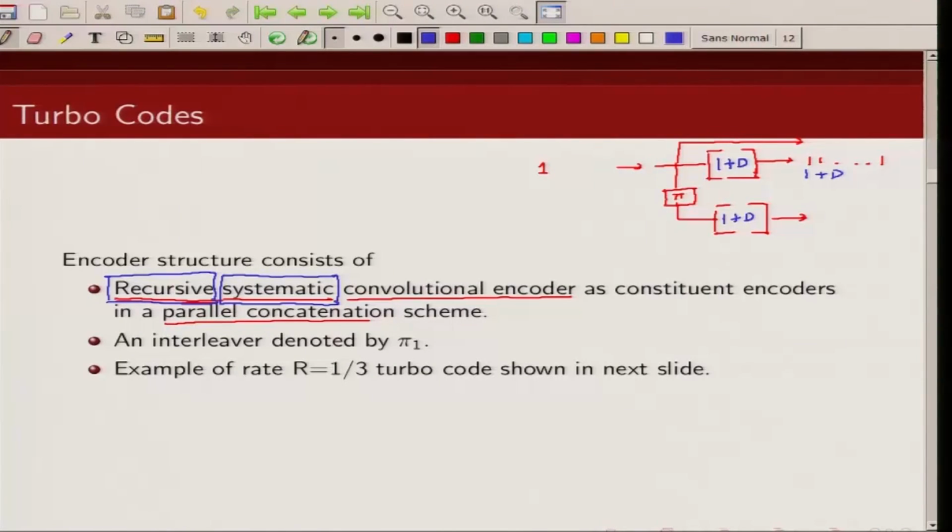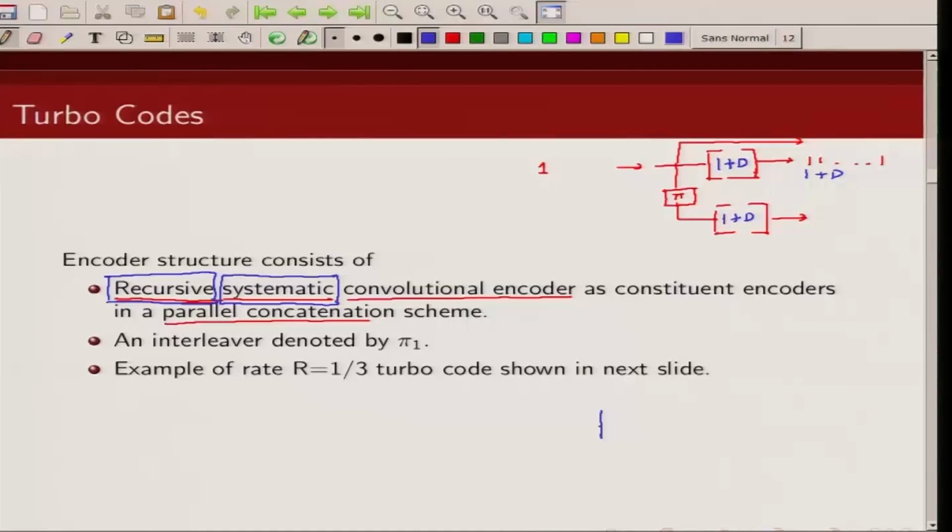So, what are the components of the turbo code? First thing I said, it is a concatenation of two or more encoders in a parallel fashion, as opposed to serial concatenation. In serial concatenation, what happens is, there are bits coming in here, the output of the first encoder is fed as input to the second encoder.